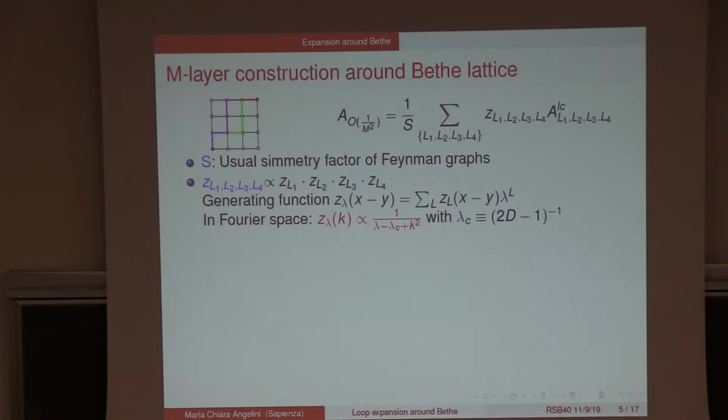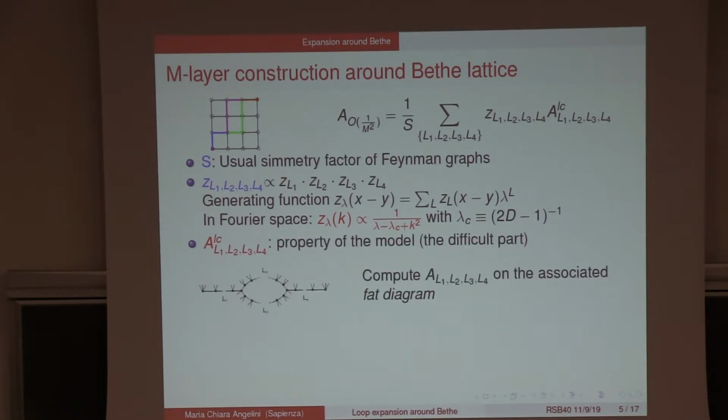And then the generating function in Fourier space behaves in this way. You can recognize here a propagator, no? We will see it later. And here we have this lambda_c that is 2D minus 1. This is a property of the space. And then you should multiply S, Z, and then this line-connected observable.